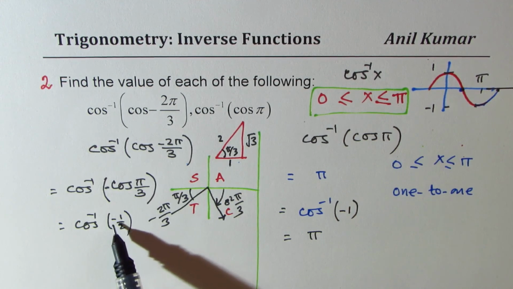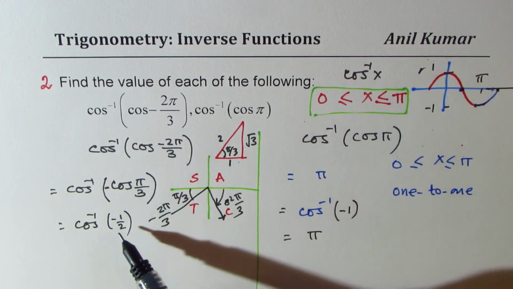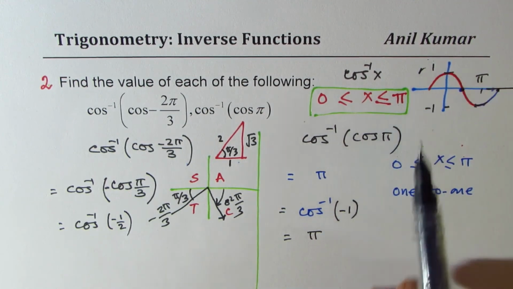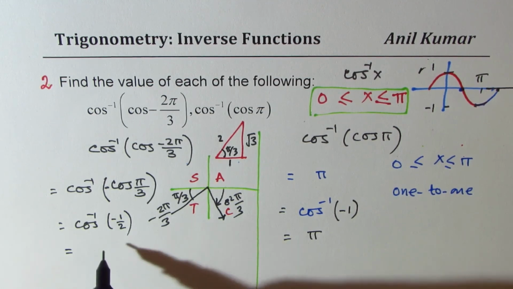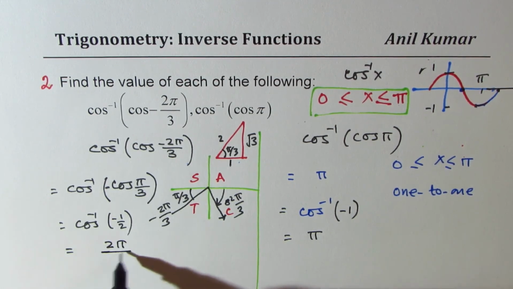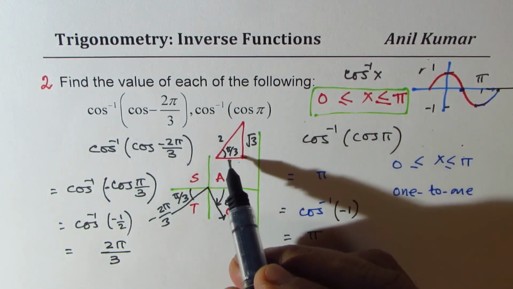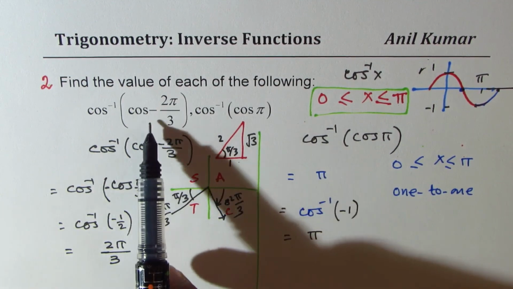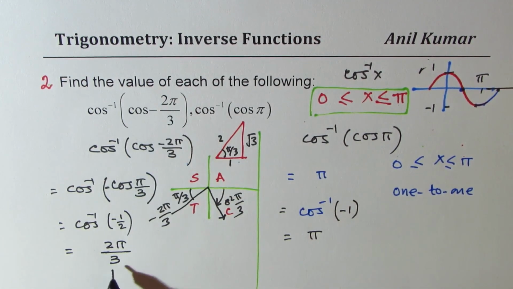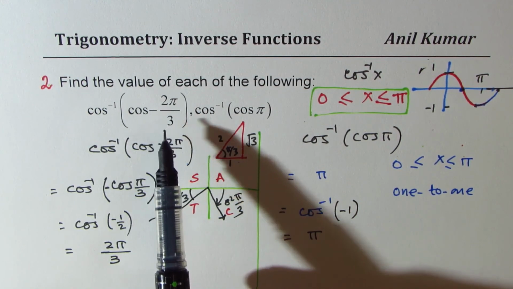And that minus half, it is minus half in quadrant 2, correct? And therefore, the result which you get is 2 pi by 3, where the acute angle is pi by 3. So the answer again is not minus 2 pi by 3. It is 2 pi by 3.